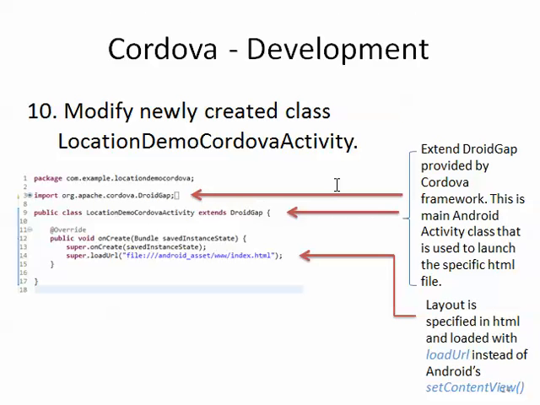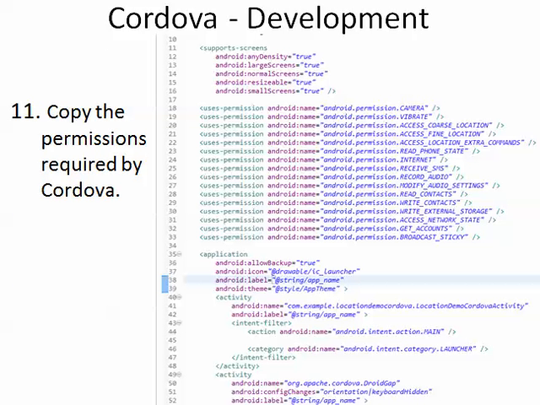The next part in the development is that you need to make some modifications. You were developing in another language, in this case the HTML interface and the JavaScript, and then here you make some modifications in the Android project to do the integration. Something else that will be needed is to copy some permissions.